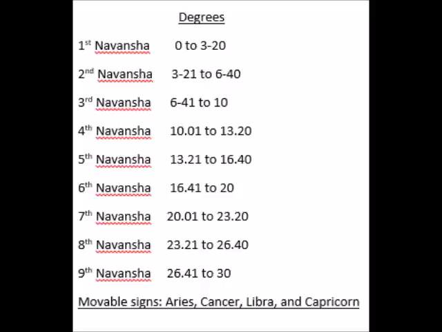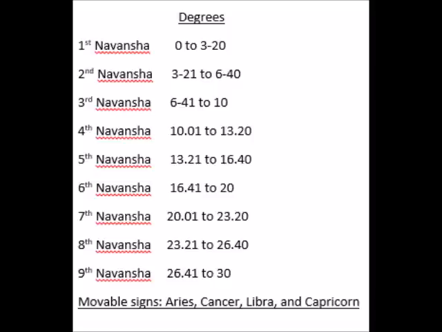It's basically 9 parts of one zodiac sign or a Rashi, and what are the rules given by the great sages to create a Navansha chart, first in relationship to the ascendant of the Navansha chart, and then the second video which explains how the 9 planets are going to be placed in the Navansha chart. And then in our next video we will discuss how to analyze a Navansha chart.